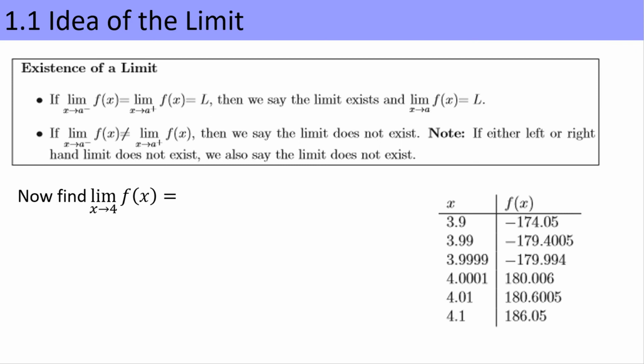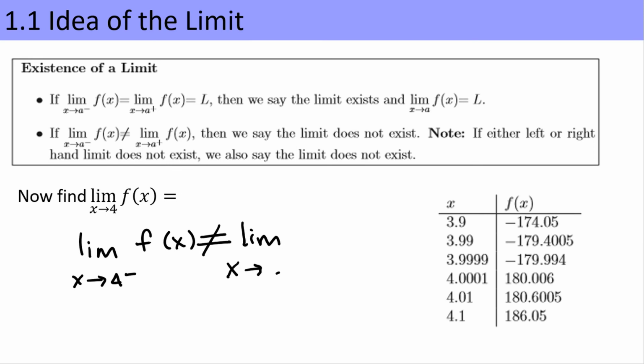Let's observe that in the previous exercise, we found that the limit as x approaches 4 from the left of f of x is not the same as the limit as x approaches 4 from the right for f of x. Since the limit values are not the same from the left and the right, we say that the limit as x approaches 4 of f of x does not exist.